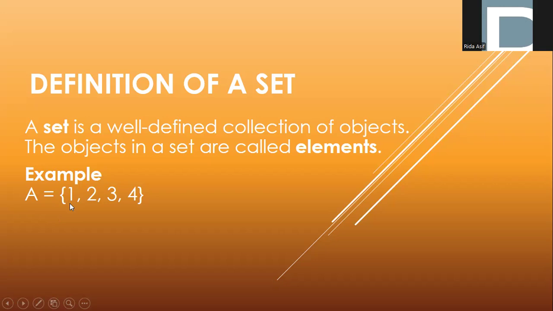And this is A is equal to 1, 2, 3, 4, and look at the representation of the set. A set is always represented by curly brackets, and all the elements are separated by commas. So here you can see that this is a well-defined set and also a distinct set. That means no number is repeated in this set, right?